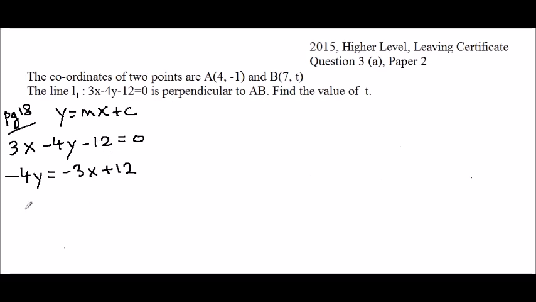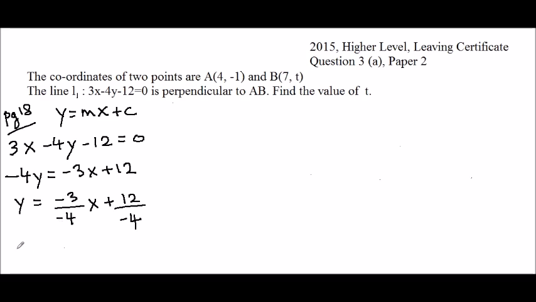Next step is we're going to divide everything by minus 4. So y is equal to minus 3 over minus 4 x plus 12 divided by minus 4.